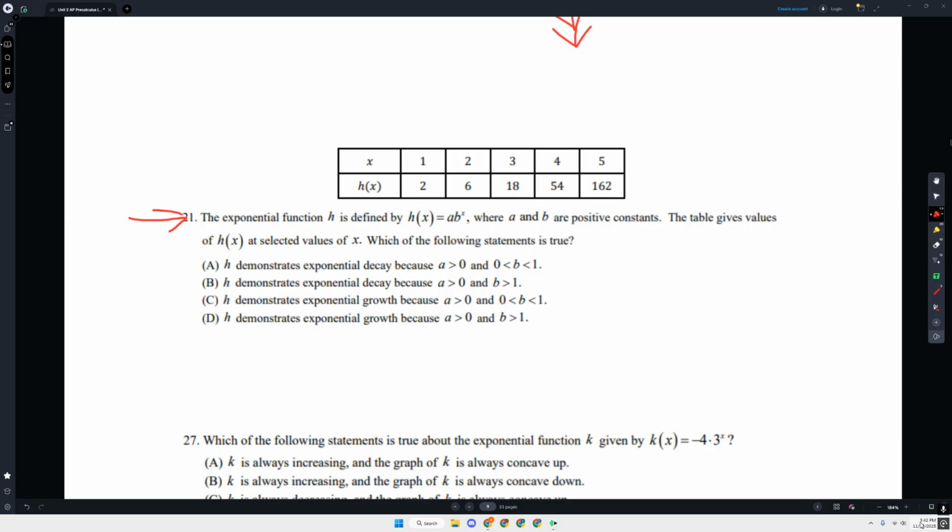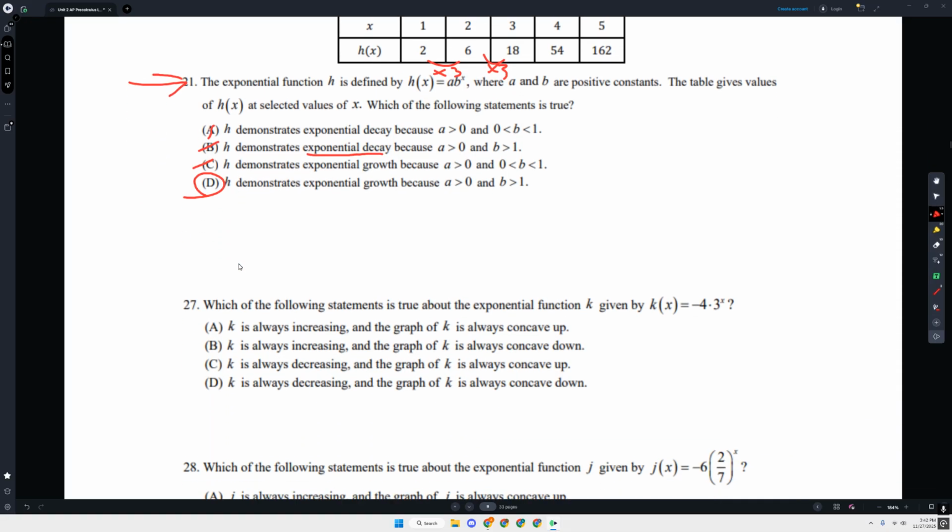Okay, we'll give it around 20 seconds. Okay, two answers, and you both chose D, and that's right. It's because you're multiplying by 3, so it means you're growing, so it can't be these two. And it can't be decay, because you're growing.